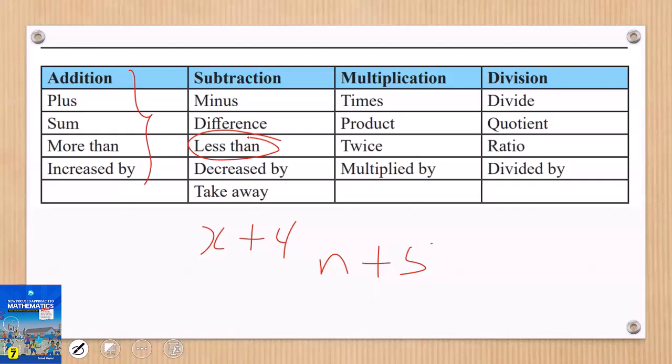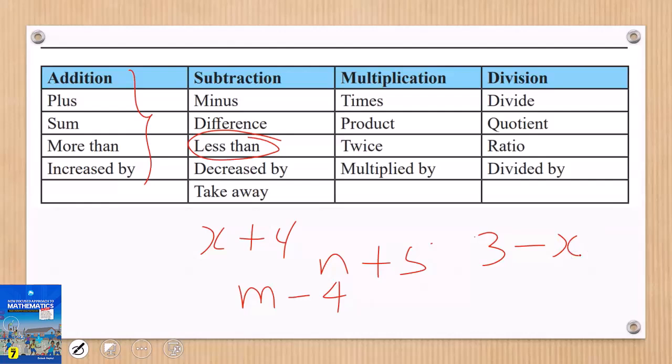When we come to inequalities, you will see a slight difference. So for example, if I say a number take away 4, you understand? Or if I say the difference of 3 and a number, then that is what will happen.